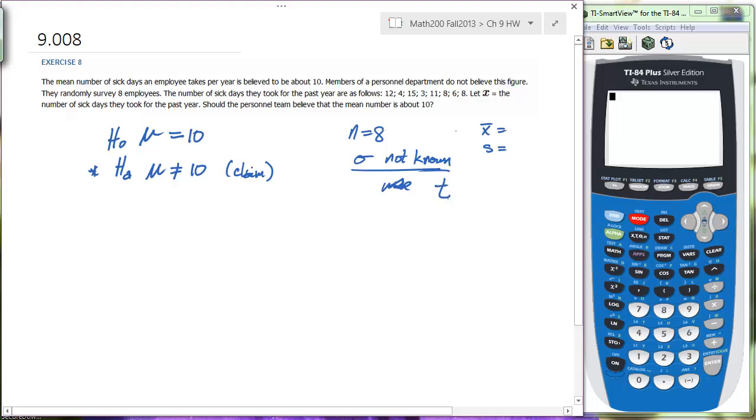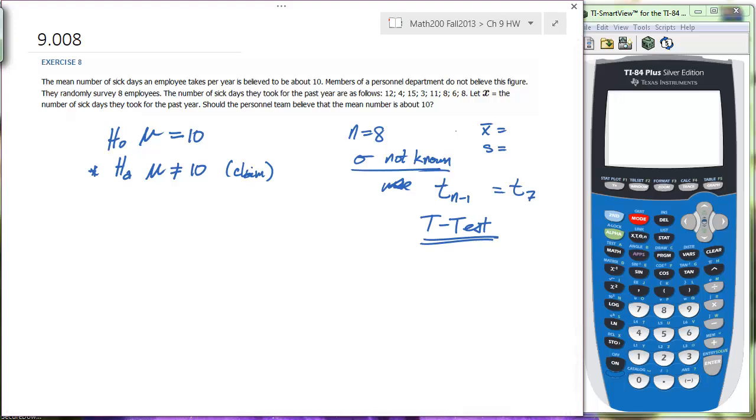We're going to use a t distribution, and it's going to be t sub n minus 1, or t sub 7. So we're going to use a t distribution for this. In a hypothesis test situation, we're actually going to use a t-test.